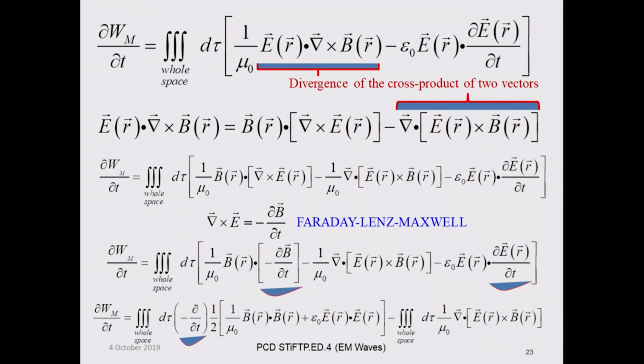So, you add the 2, you get a factor of 2, and you need only half of it. So, you have got the volume integral of the time derivative of B dot B and E dot E scaled appropriately by 1 over mu 0 and by epsilon 0, and the other term is the volume integral of the divergence of a cross product of E and B, and that we know, we have done it so many times, can be written as the surface integral using the Gauss's divergence theorem.